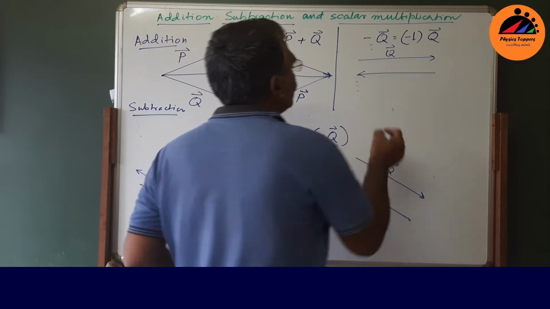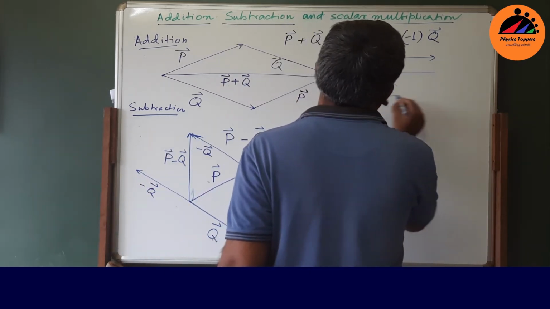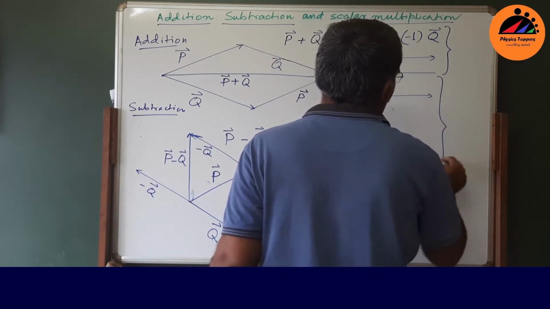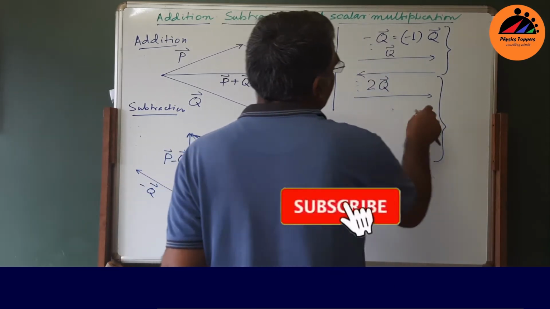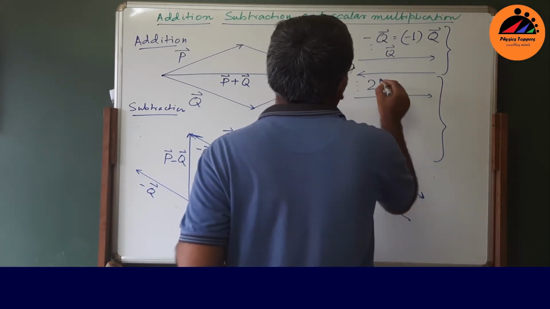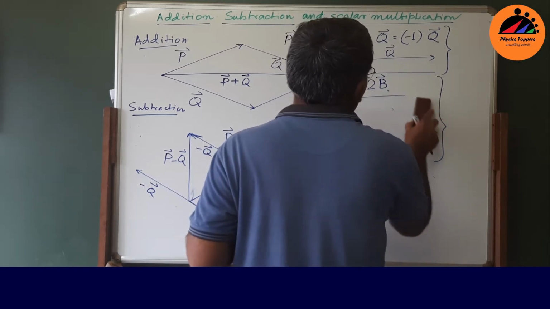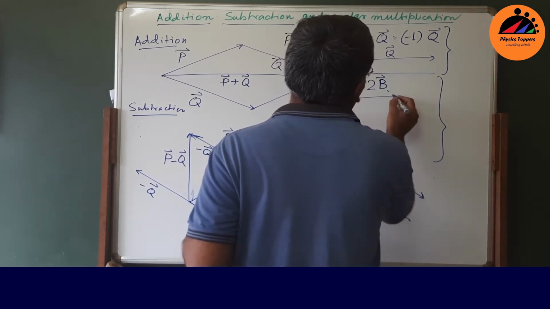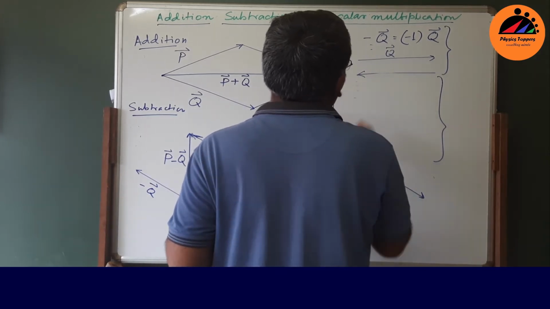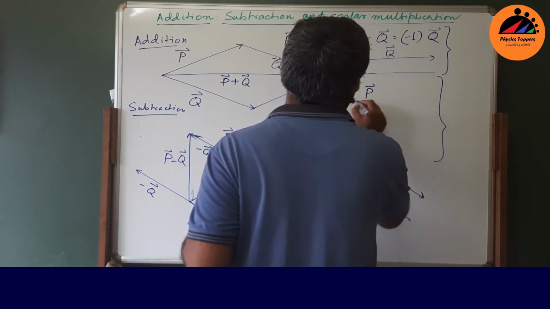Now suppose if I multiply 2 with Q, what happens? Let's take another vector, P vector.